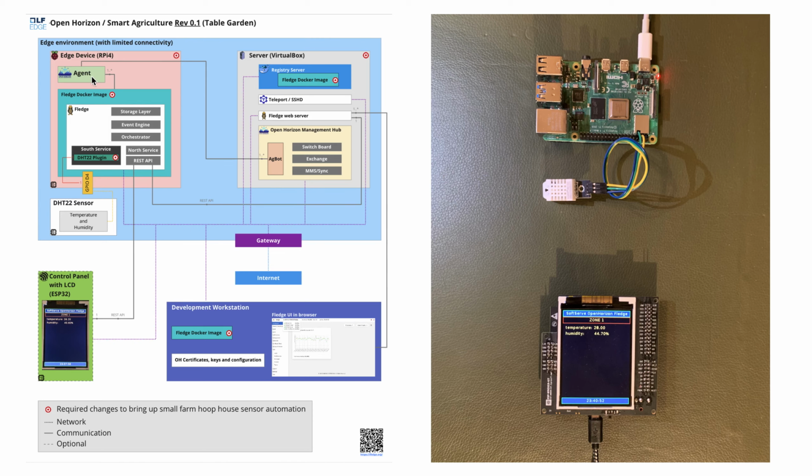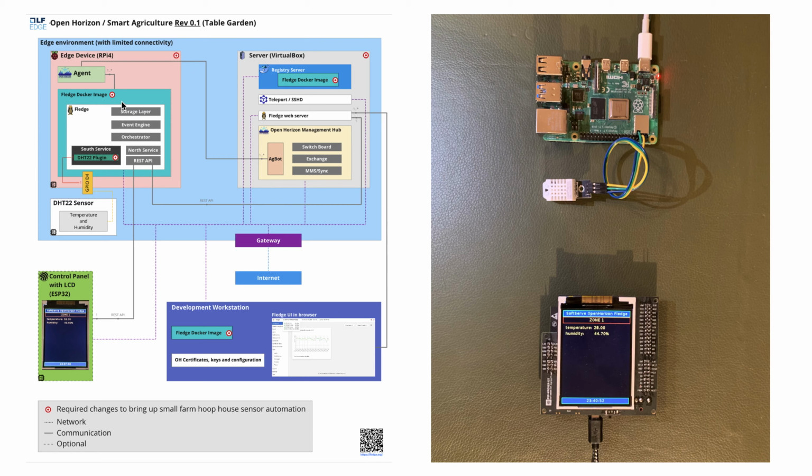So the edge device running on the Raspberry board has a pre-installed Open Horizon agent service, which is monitoring updates of the Fledge Docker image generated here in the development workstation and published through the Exchange and a private registry server in a private network.